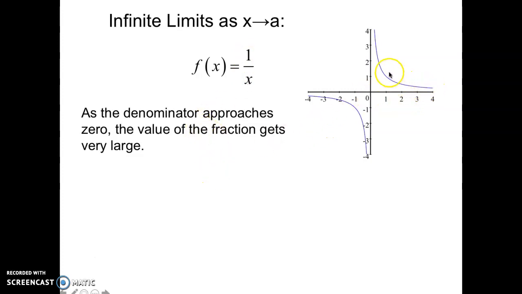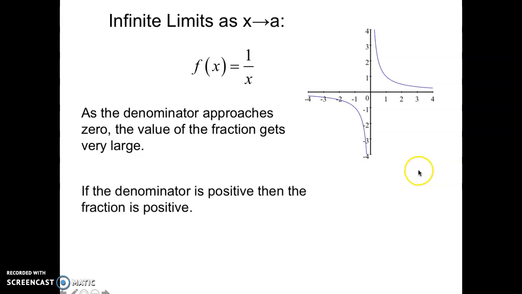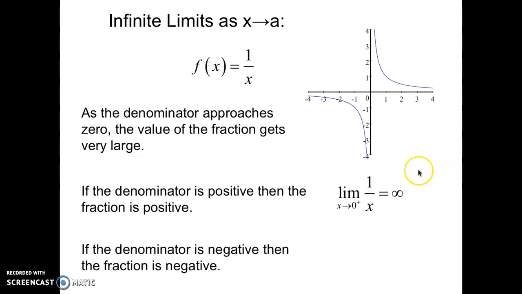And you can see that as x approaches from the positive side, the curve is tending to a really large number. As x approaches from the negative side, it's approaching a really large negative number, or toward negative infinity. So if the denominator is positive, then the fraction will head toward positive infinity. If the fraction is negative, then my limit is heading toward negative infinity.